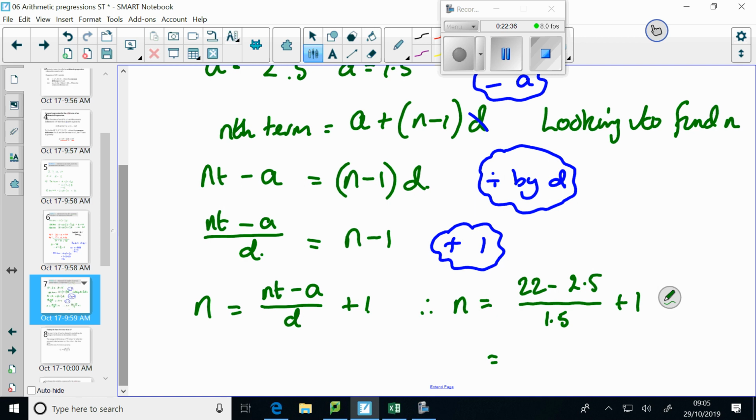Put it in your calculator. The 14th term has the value 22. Okay?